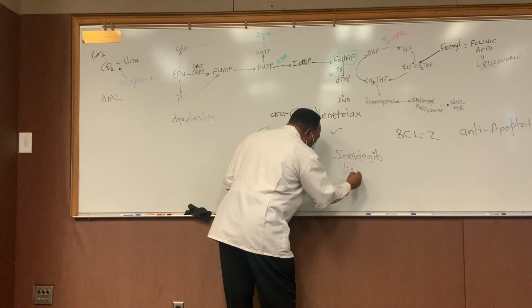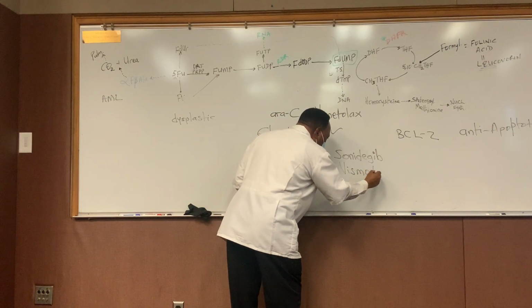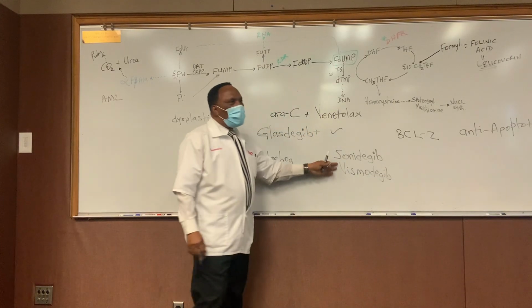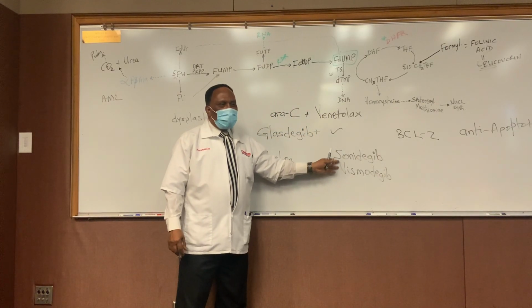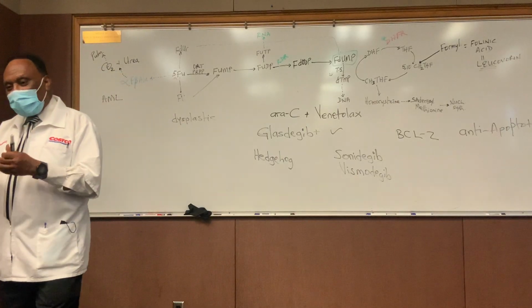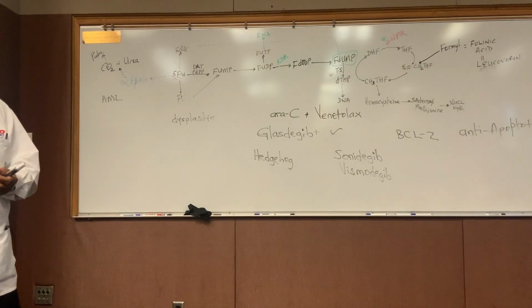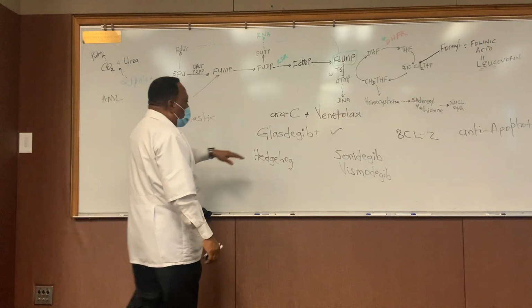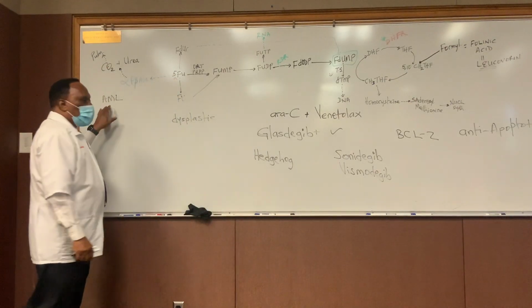Also vismodegib. But these two are not used for AML. They're mainly used for BCC, basal cell carcinoma. But glasdegib is used in AML.